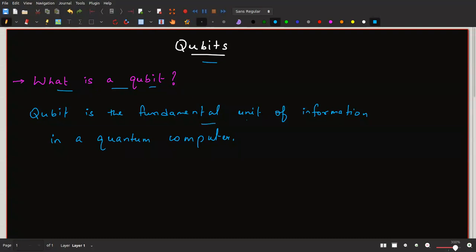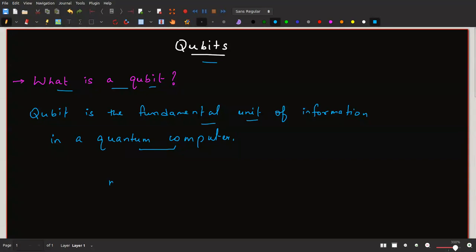It is the fundamental unit, because we know that if we have a computer, whether it is classical or quantum, we are going to process information. This is something I discussed in the previous lecture, that our main goal is to process information. That means we are going to have a lot of data, and processing means we are going to compute them. For computing, data are present in multiple formats.